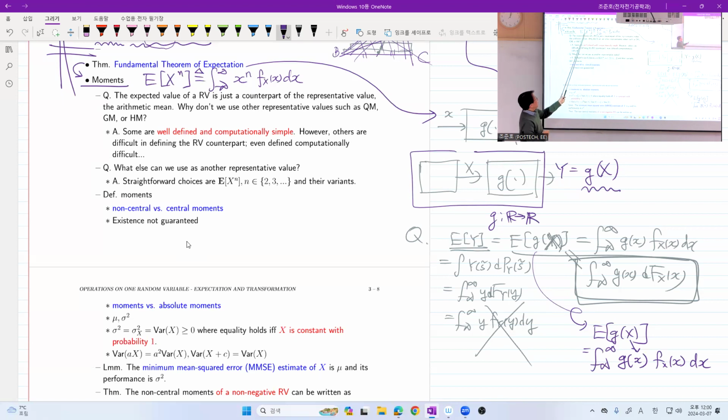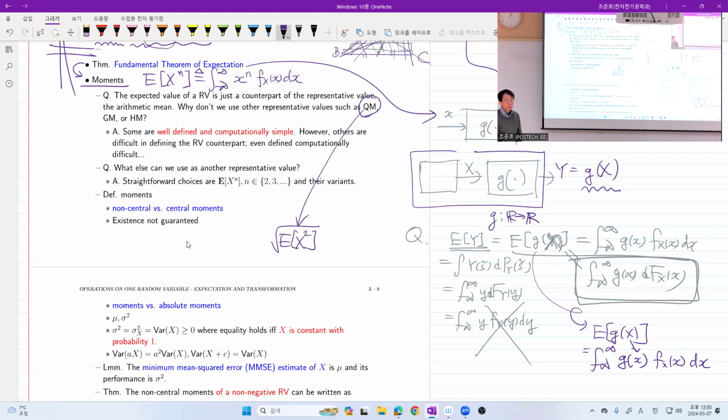If X has unit meters, then X to the n has the unit meters raised to the power of n. So if we keep the unit, then probably we want to put the nth root, right? Actually, that is the quadratic mean. So the counterpart of the quadratic mean is simply this one.